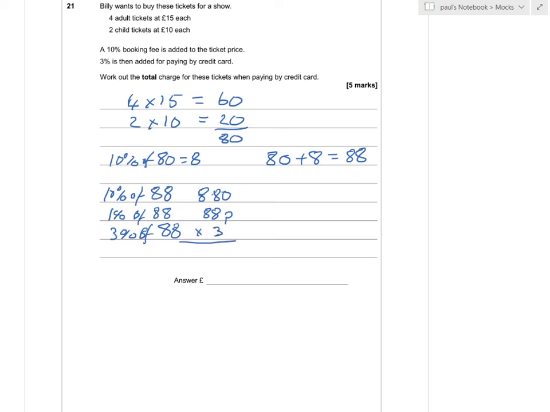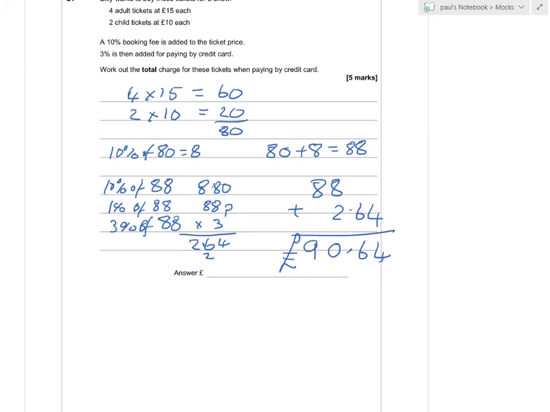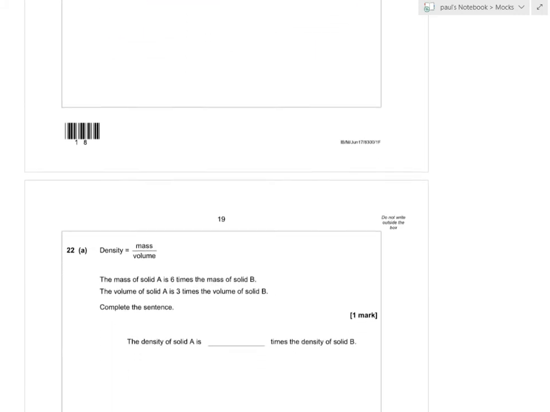So 3 eights are 24, and 3 eights are 24 and 6. So that's going to be £2.64. So now I take my 88 and add £2.64 and I get £90 and 64 pence. So yeah, how to do percentages with no calculator in sight.